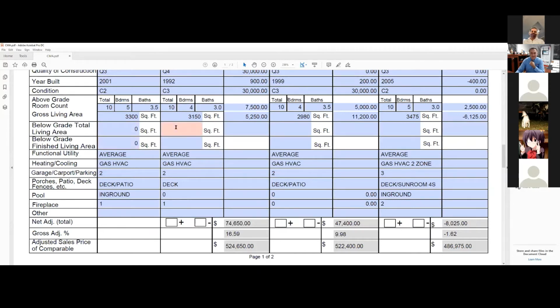But this home, 3,150 square feet home, has a basement of 1,500 square feet or 1,500 living area. And let's say out of that 1,500 square feet, they finished 1,000 square feet. All right. So how do we calculate this per square foot range? Does anybody remember how much the basement adjustments were?